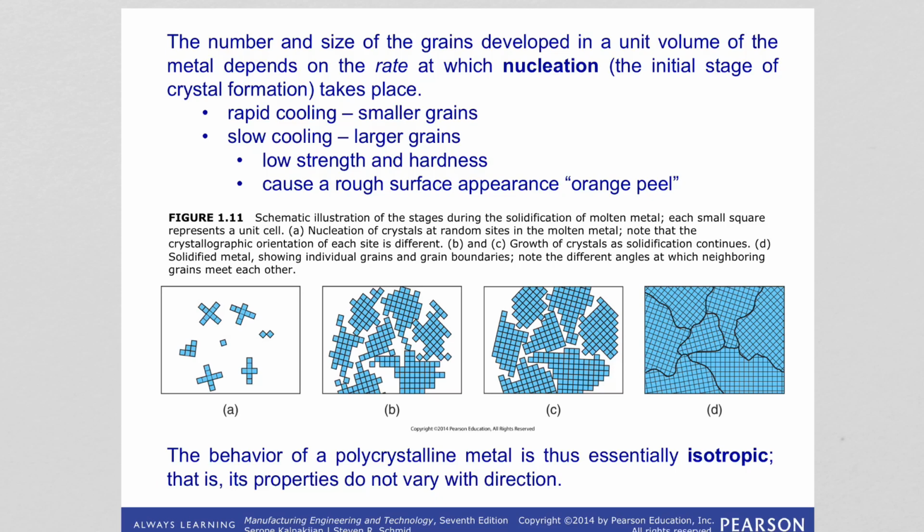We see in the figure an illustration of the stages of solidification of molten metal, and each square here represents a unit cell. Nucleation starts at random sites in the molten metal, and you can see that each of these has a different orientation.